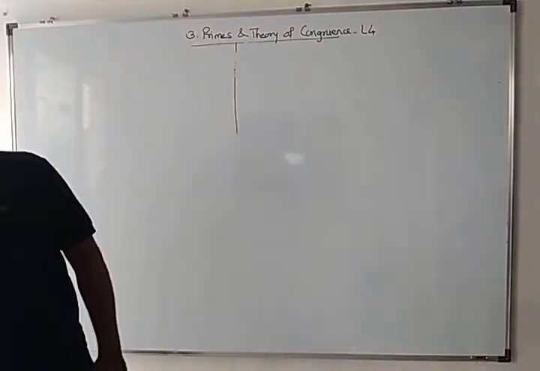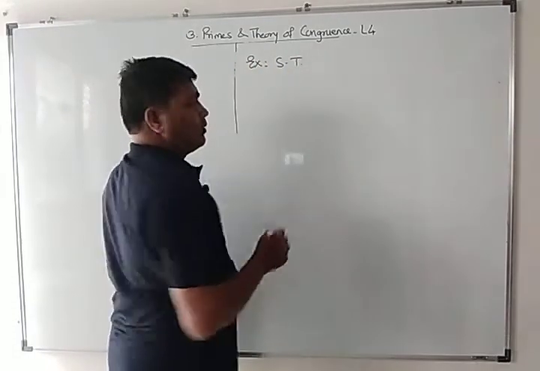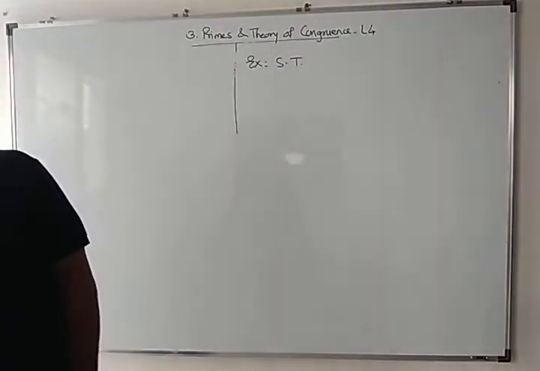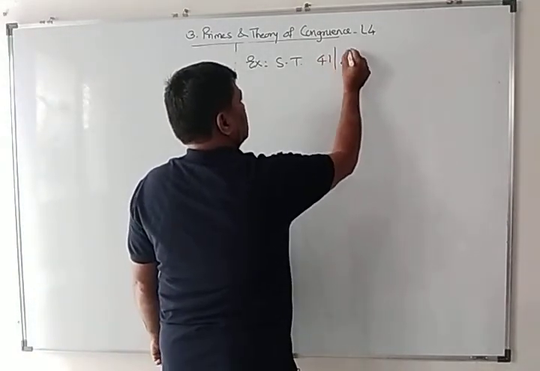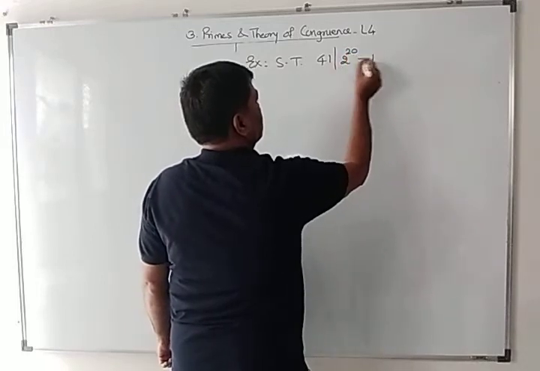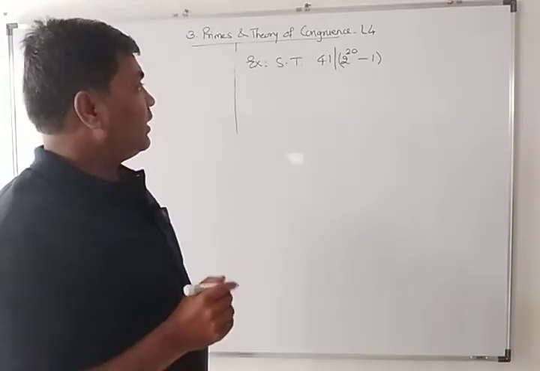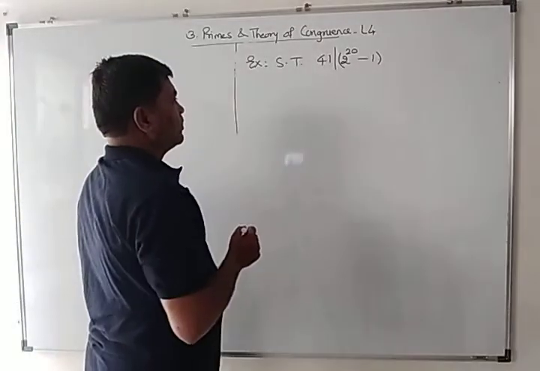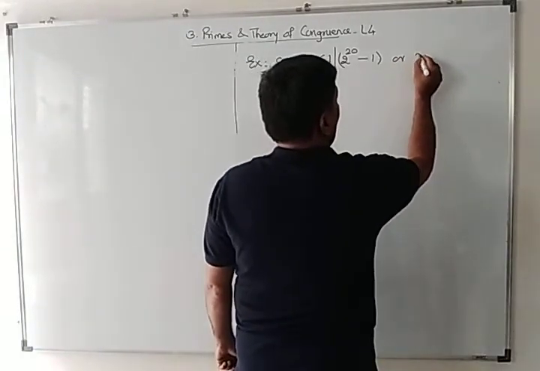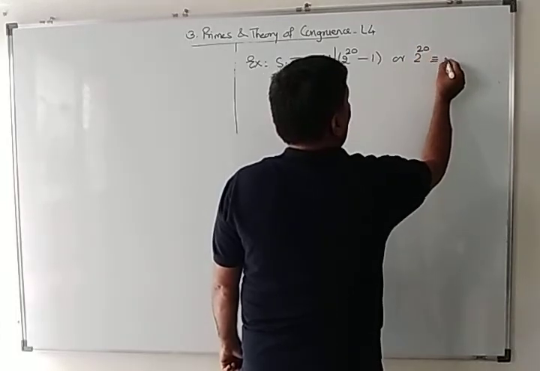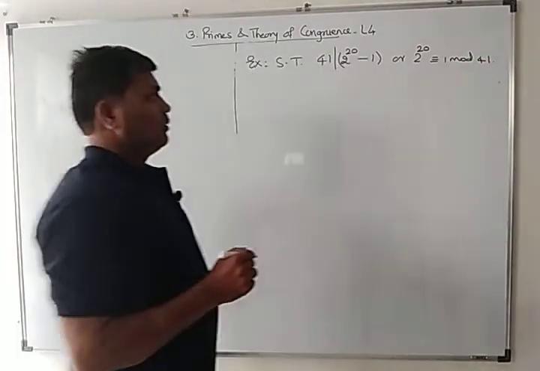Show that 41 divides 2 raised to 20 minus 1, or 2 raised to 20 is congruent to 1 mod 41.